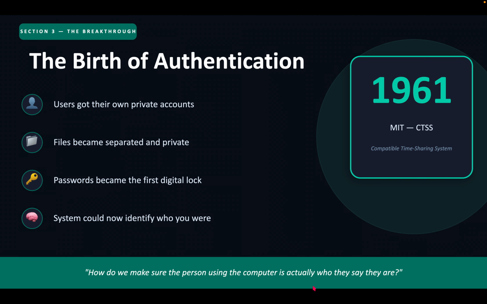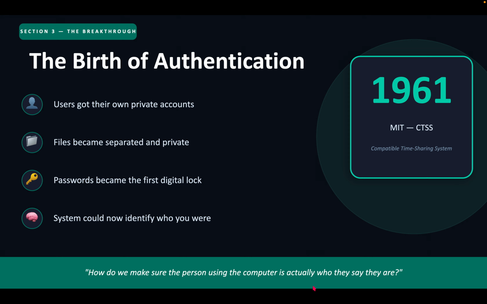The birth of authentication. To solve this issue, researchers at MIT came up with a revolutionary idea in 1961: give every user a unique login and password. The idea was introduced in a computer system called CTSS, which means Compatible Time-Sharing System.